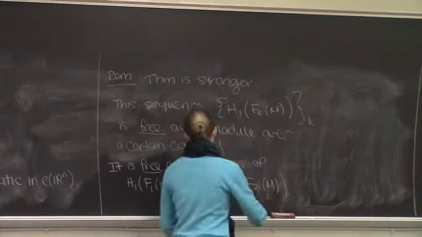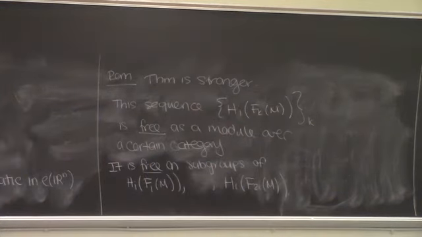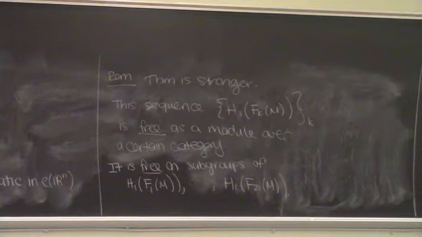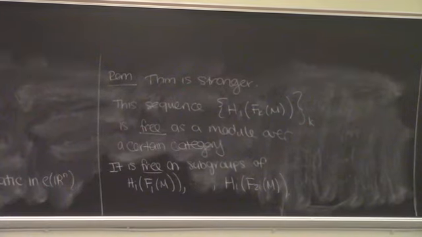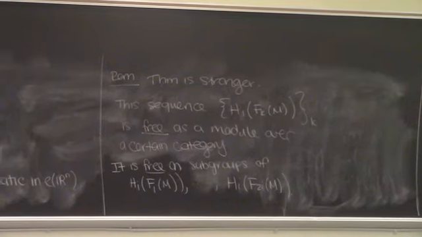So there's some collection of subgroups in these first 2i groups that we call the unstable homology. It's unstable in the sense that these are the groups that are not in the image of this map.